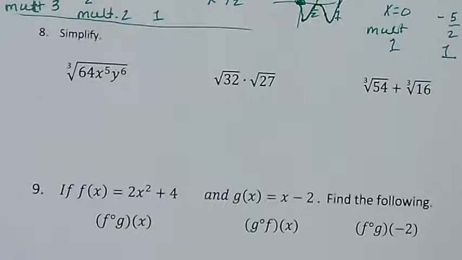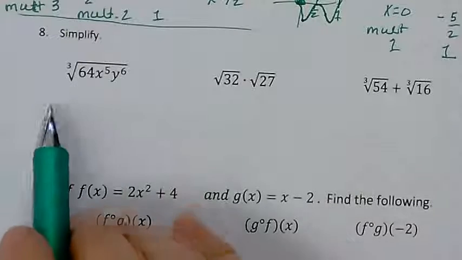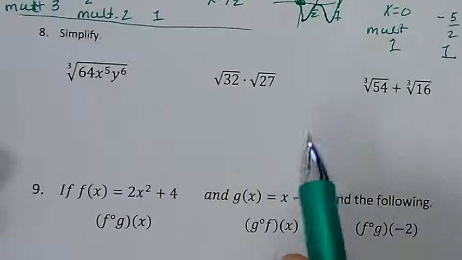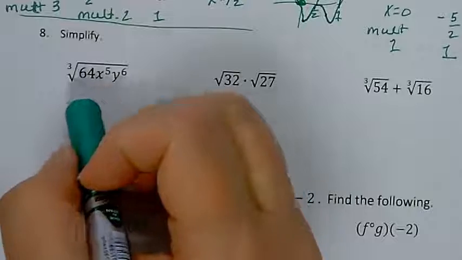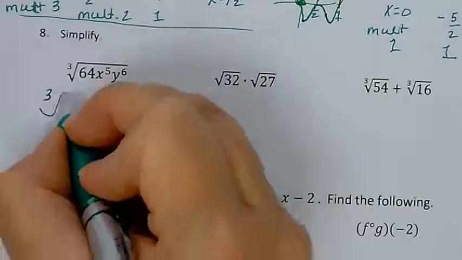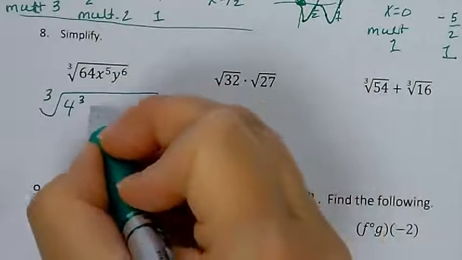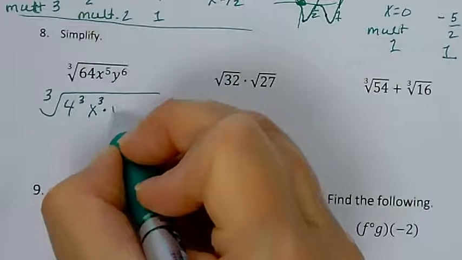Okay, number 6, we're dealing with radicals. So this is cube root. So I'm looking for things that are cubes or happen 3 times. So I know that 64 is 4 to the 3rd power. I know that x to the 5th is x to the 3rd times x squared.